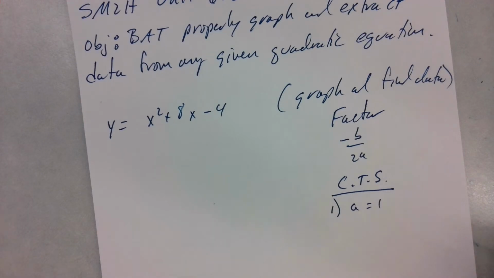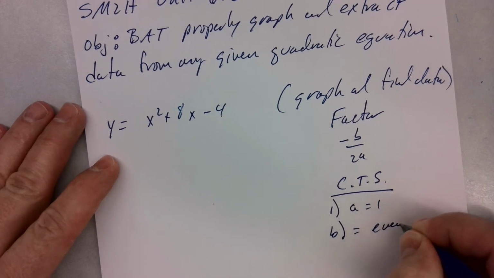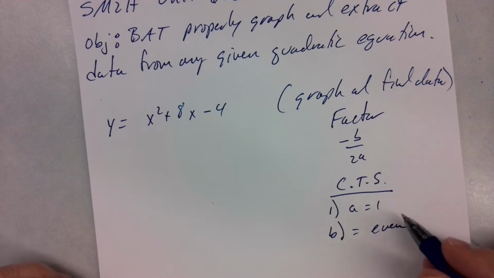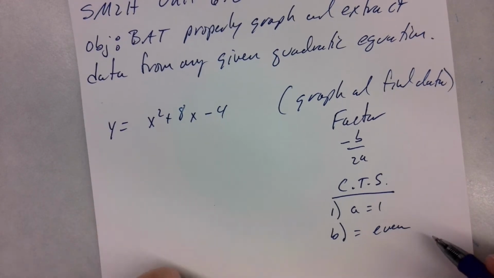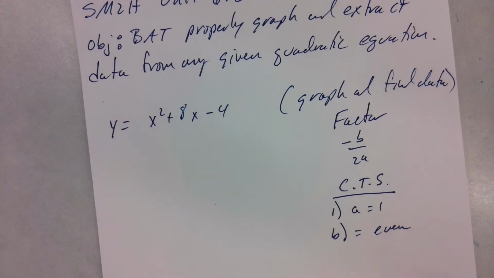You still can do it, it just makes it way more difficult. I want a to be 1 and I want b to be even. If these 2 things are there, then this becomes a good complete the square candidate. If they are not, don't do it. Just don't do it because it sucks.